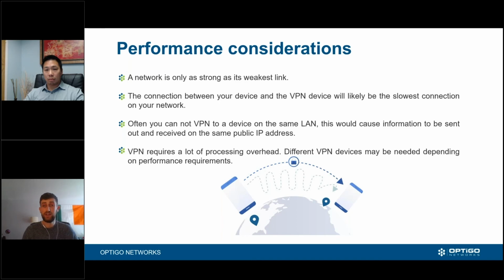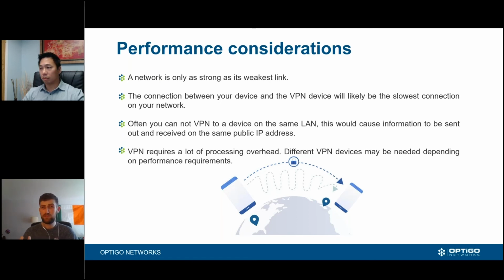It's going to bottleneck. The weakest link is going to be the speed you're running at. So be aware that if you're VPNing into an extremely high bandwidth network, almost seamless, but you've got slow internet at your own house, you might experience quite a lot slower experience than you're used to when you're not using the VPN. So that is something to just be aware of.